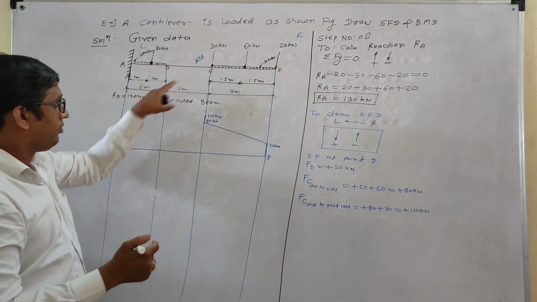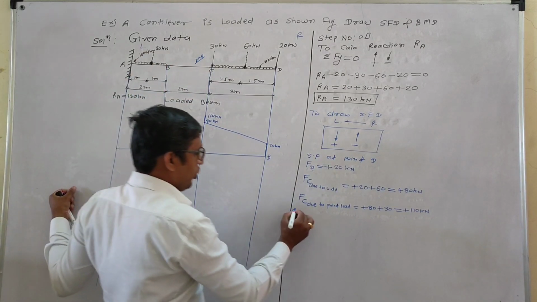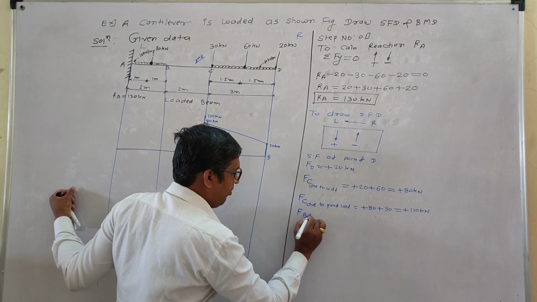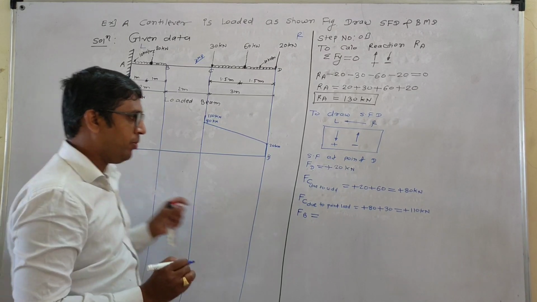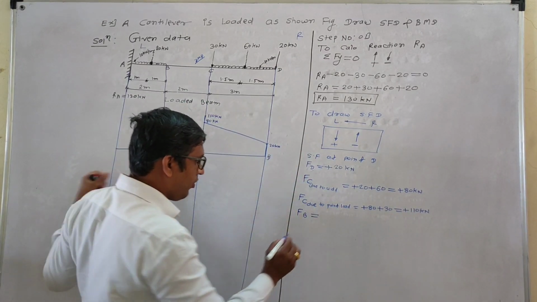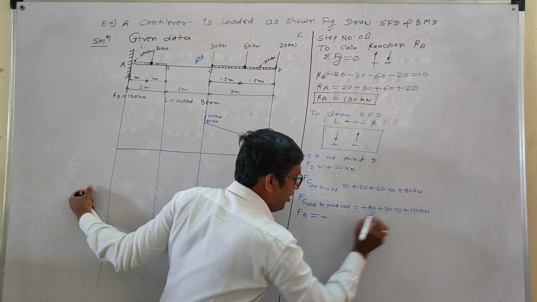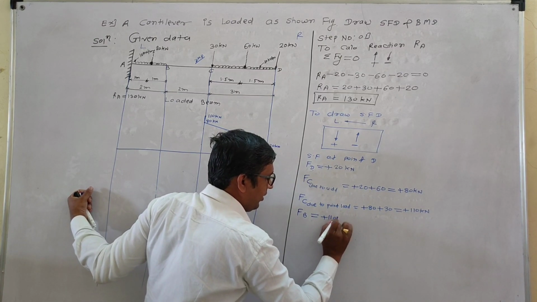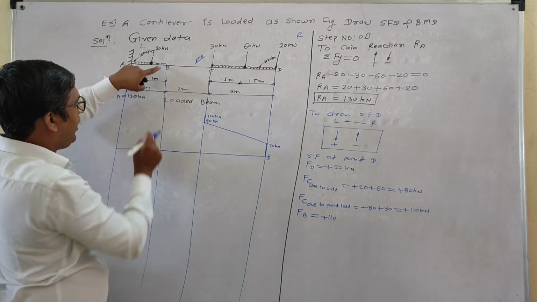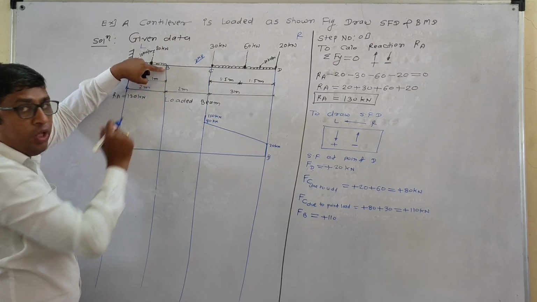Okay, the next point is shear force at point B. Again, it is an algebraic sum of previous, plus 110. Okay, and at point B there is no point load.